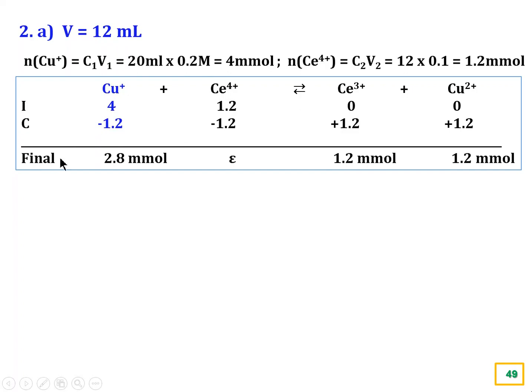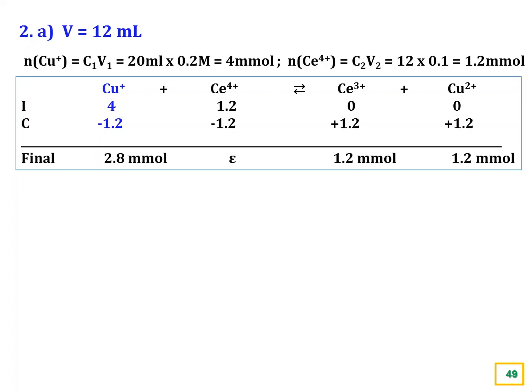So in the final solution, we will have epsilon, practically 0, of cerium 4+, and Cu+: 4 minus 1.2, 2.8, and we have 1.2 millimoles of cerium 3+ and 1.2 millimoles of Cu2+. Now we have the concentrations of Cu+ and Cu2+, so we can calculate the potential of this couple after addition of 12 milliliters.